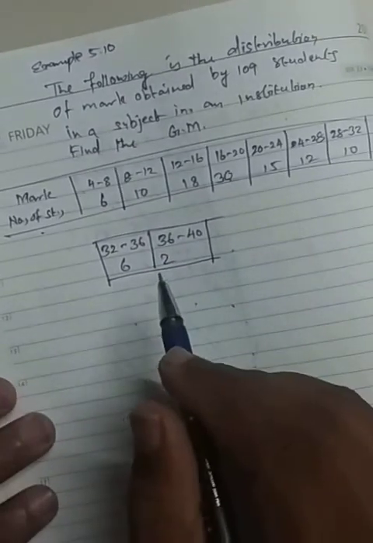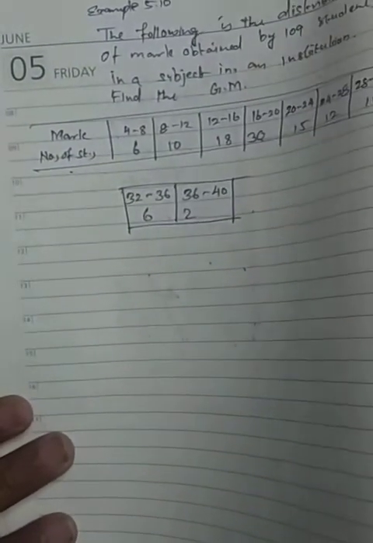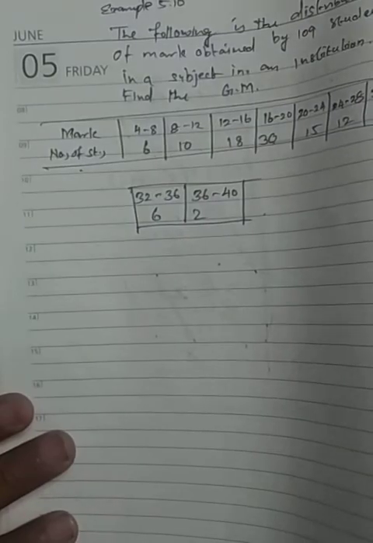So already we know the geometrical mean. I will write on this page for understanding purposes, or you can frame a table here also, not an issue. So better we will do it here itself. I am just writing the formula. You will take the value and put it here.